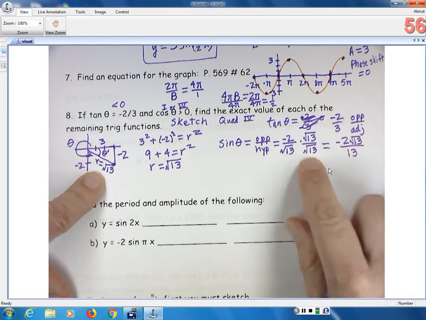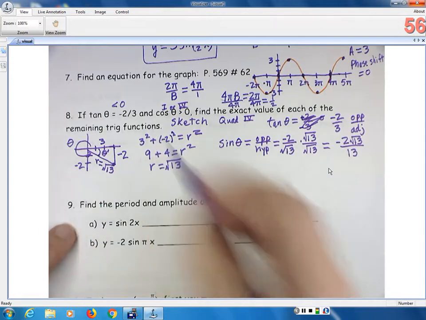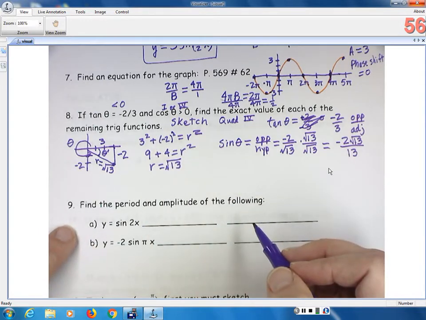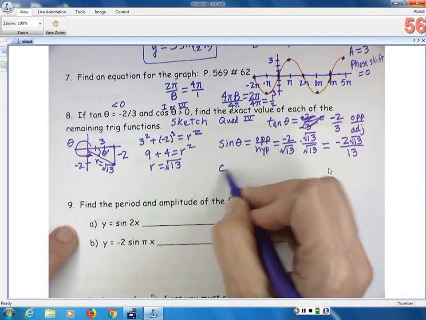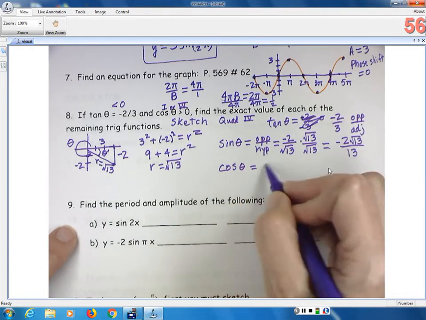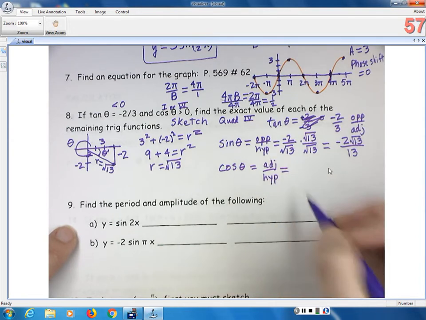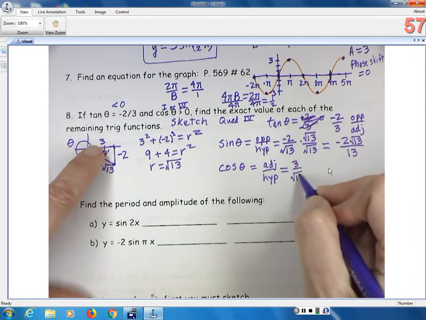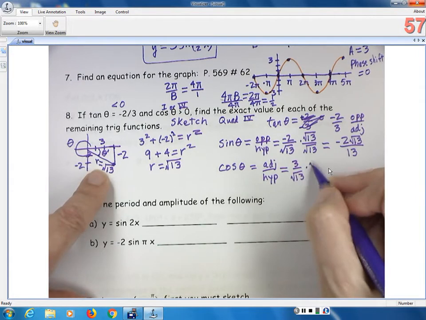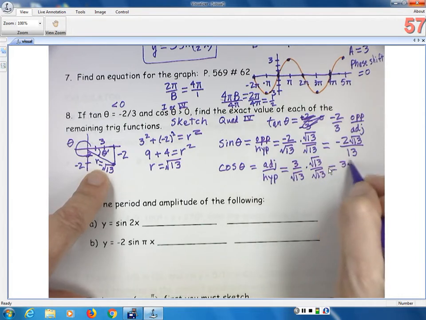Square root of 13 times square root of 13 is 13. Cosine theta is adjacent over hypotenuse. Adjacent is 3 over the square root of 13, and that's 3 square root of 13 over 13.